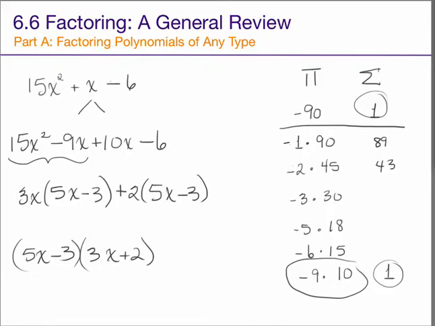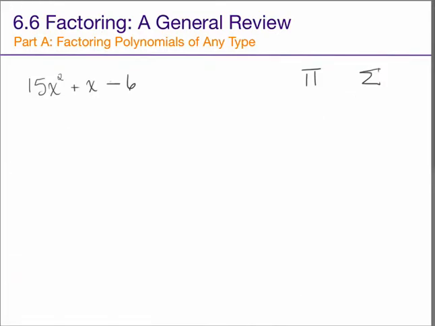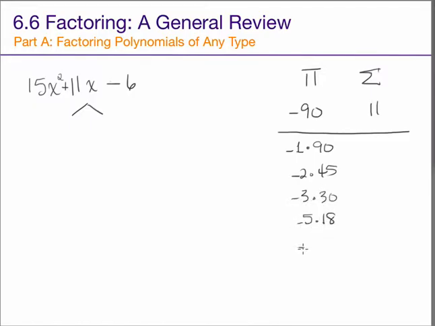Let's do another one. I'd like to do one that's actually very similar to this, at least at first glance. In fact, 15 times negative 6 is still my product. But this time my sum is 11. So I need to find a way to write negative 90 as a product of two numbers where when I add these two numbers together, I get 11.